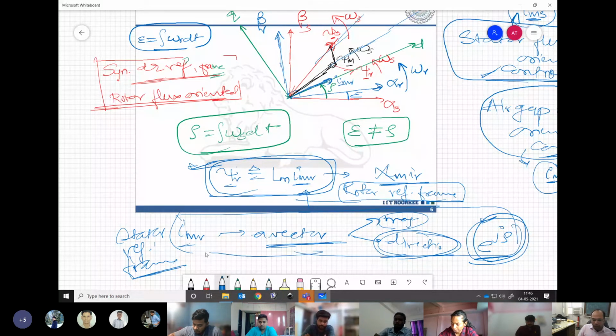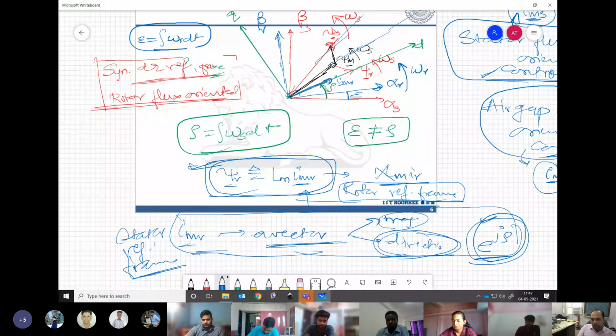So just keep taking these things in bits and pieces. We will assemble all these things together after some time. But as of now, just take these things in bits and pieces. Now, any problem in this one? If you see from the stator reference frame, finally IMR is a vector, and a vector has two components: one is magnitude, another is direction.